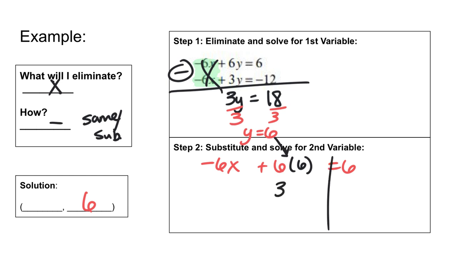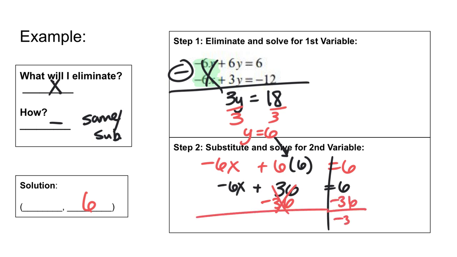So 6 times 6 is 36. Then we can subtract our 36 and divide by negative 6. So x will equal 5.